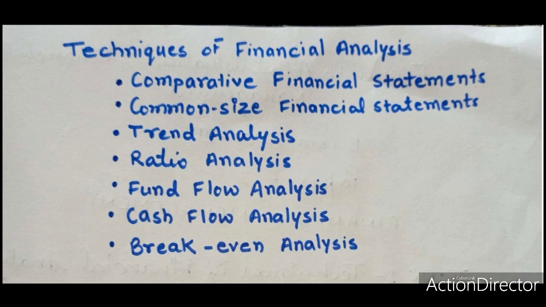And the last technique of financial analysis is break-even analysis. Profit is a function and resultant of the interplay of cost, profit, and volume. For example, if production or sales volume declines and other factors like fixed and variable cost and selling prices remain unchanged, then profits will reduce on account of an increase in per unit fixed cost.